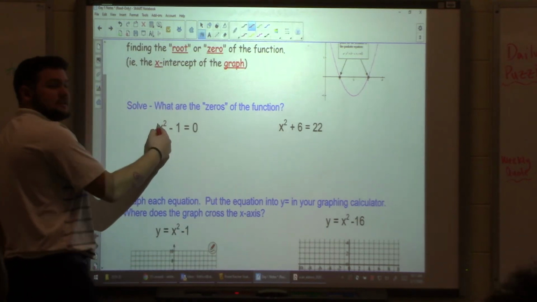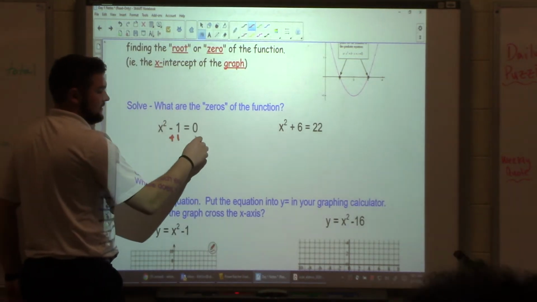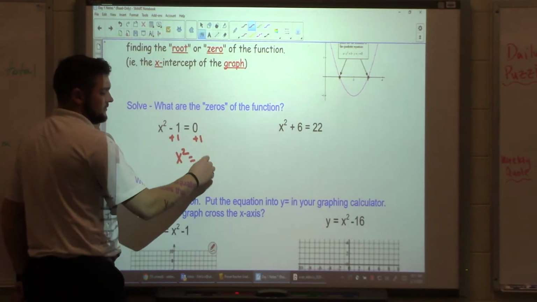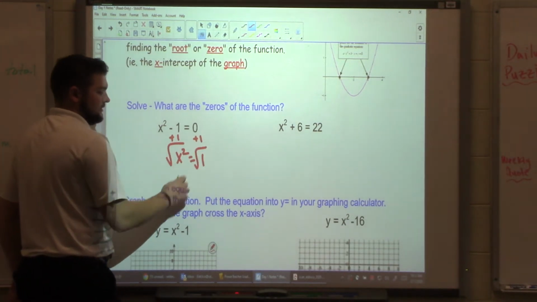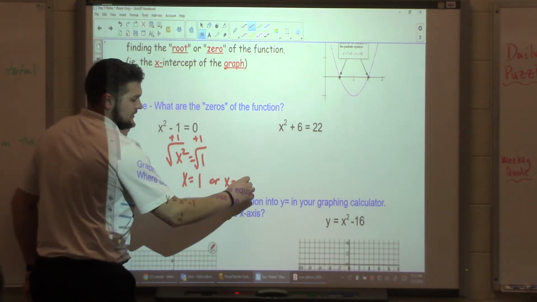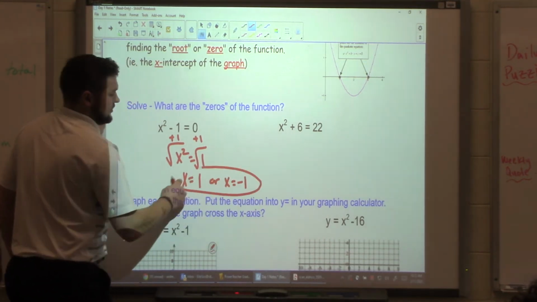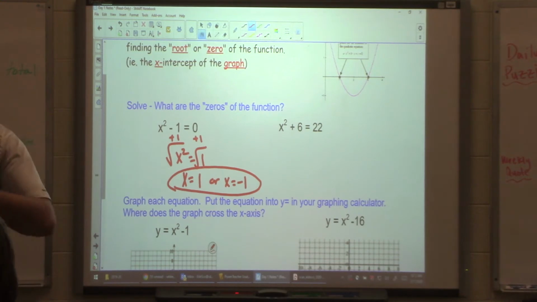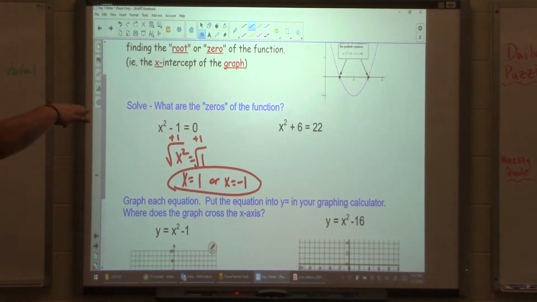It just has an x squared term, so I'm going to add 1. X squared equals 1. Take the square root. X equals positive 1 or negative 1. Those are my zeros, but they're also my solutions and my roots. They all mean the same thing. X squared plus 6 equals 22.